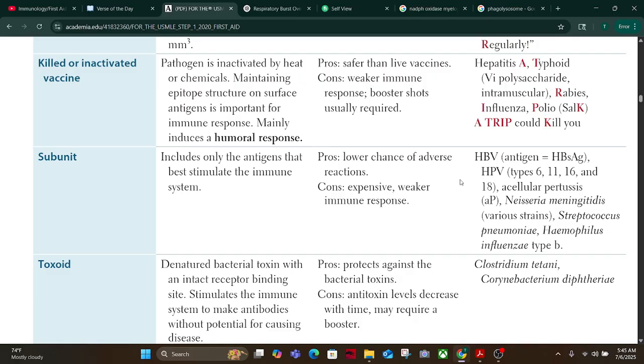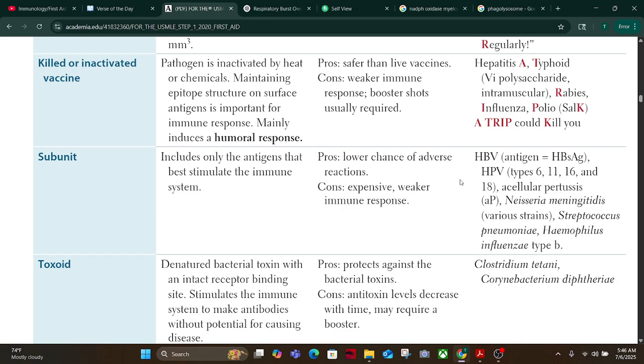So that's how the vaccine stops hepatitis B. Anti-HBs antibodies bind to HBs antigen, and this stops the hepatitis B from infecting the liver cells.